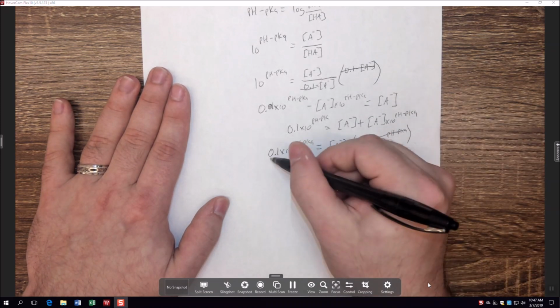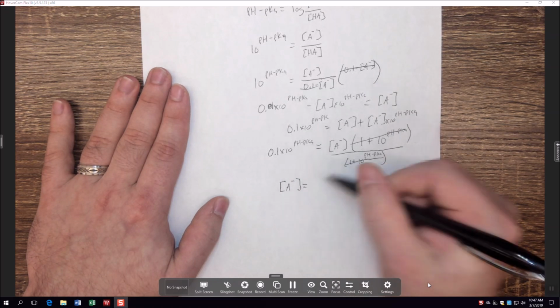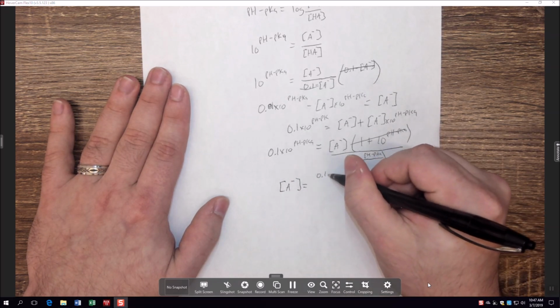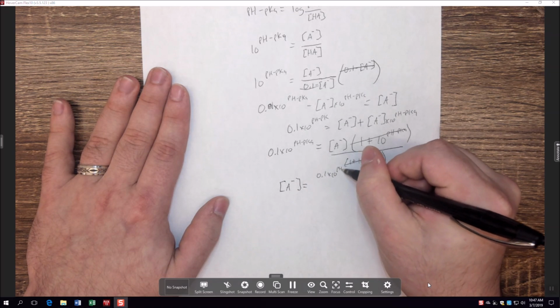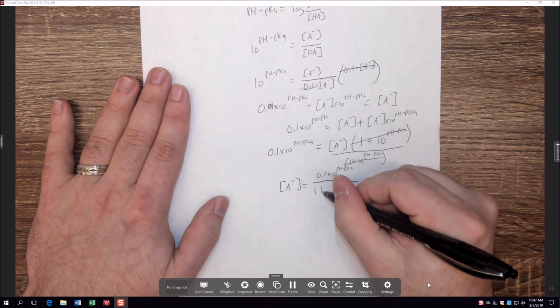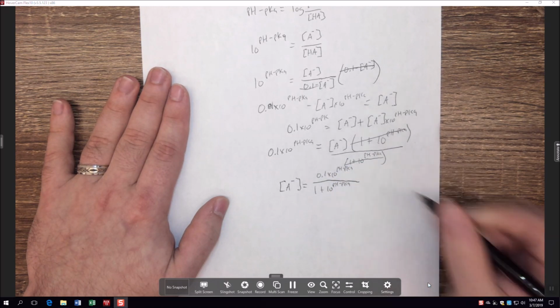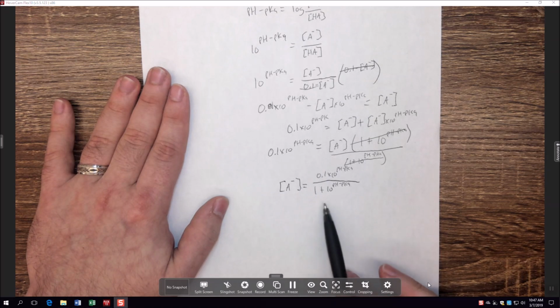And on the other side, when I divide it, I'll be left with the concentration of A minus is equal to 0.1 times 10 to the pH minus pKa divided by 1 plus 10 to the pH minus pKa. And this whole thing will let me solve for A minus.